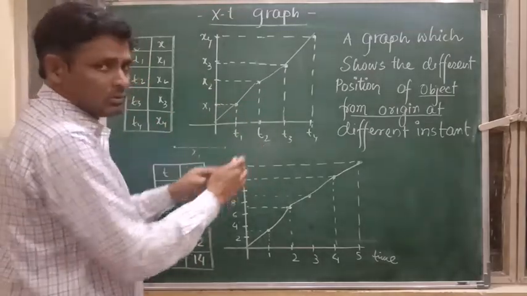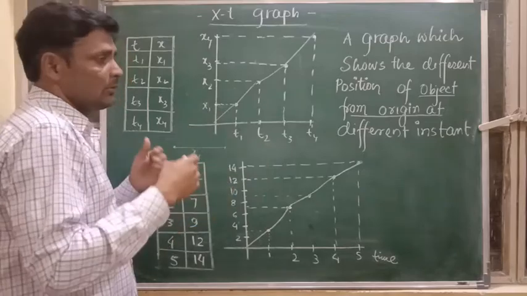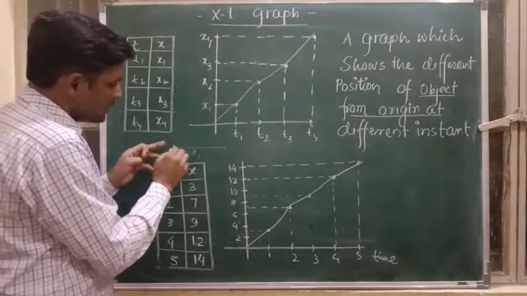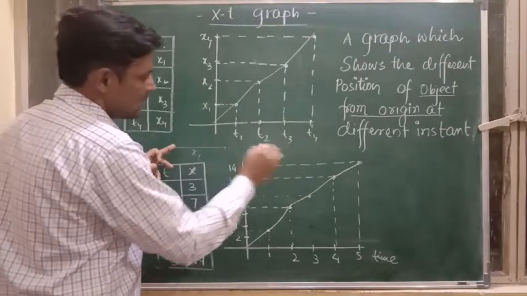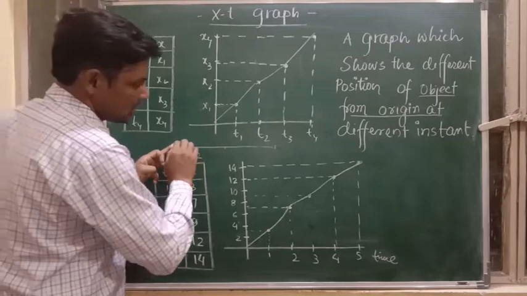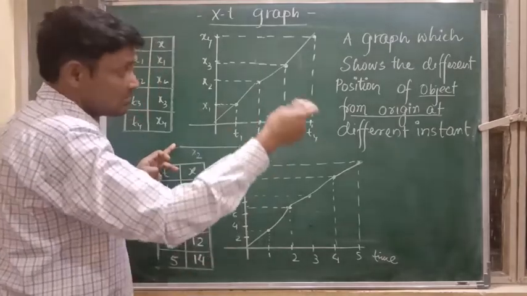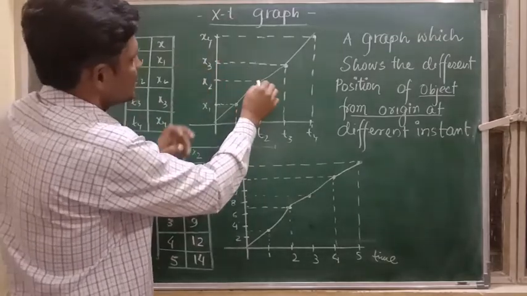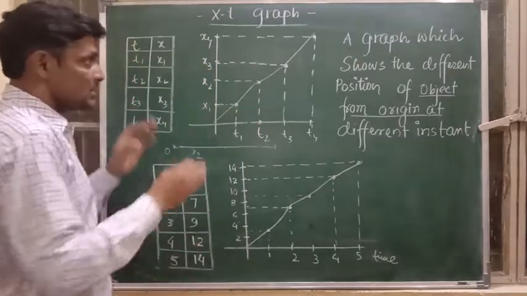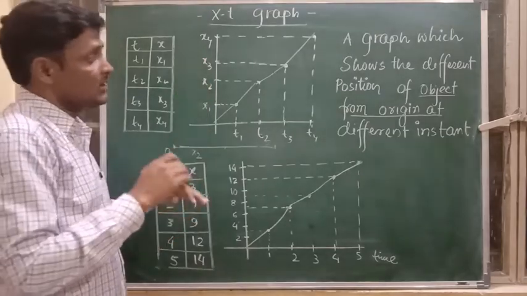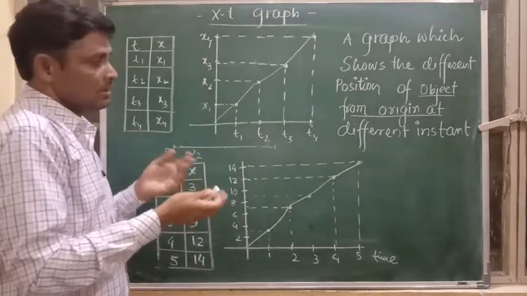At time t2 the position of the object is x2, that is again the position should be measured from the origin. So at time t2 the total distance is x2. This point is the coinciding point for these two. And similarly x3 is the position from the origin at the instant time t3.